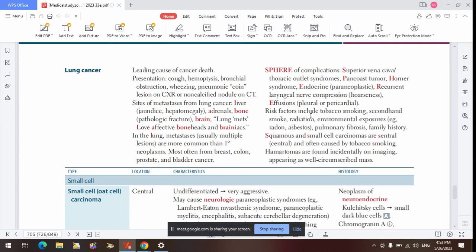So, Dr. Zuliat, what did we say are the causes for transudate? Sorry, I was away from my phone. The causes of transudate will be, what's it called? Nephrotic syndrome, hypoproteinemia.